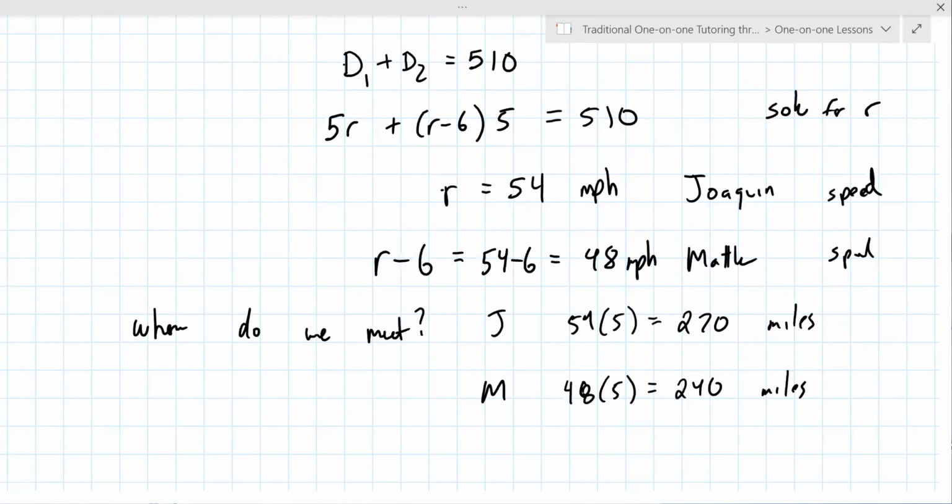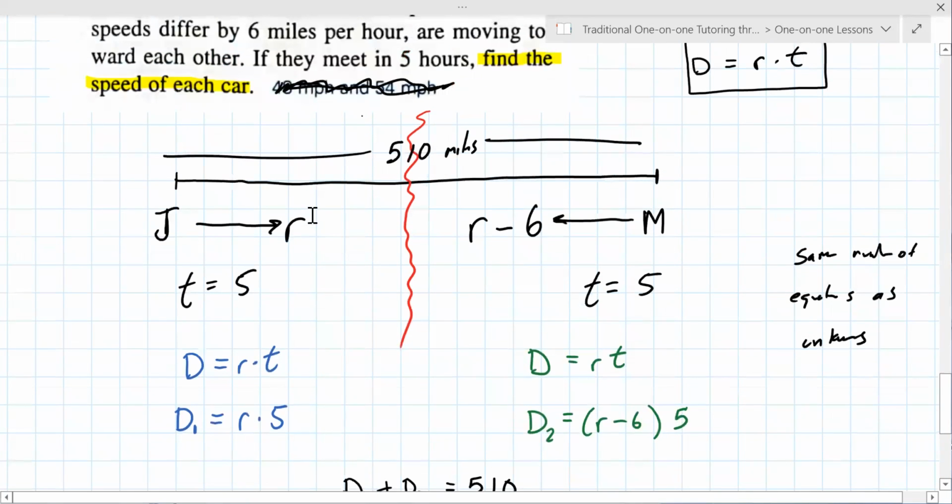So in this case, we would meet at mile 240. Well, that's really an interesting question because we actually don't know where the start and the stop is, which adds more complexity. But let's just say that you were starting at mile marker 0 and this was 510. We would meet at mile marker 270.